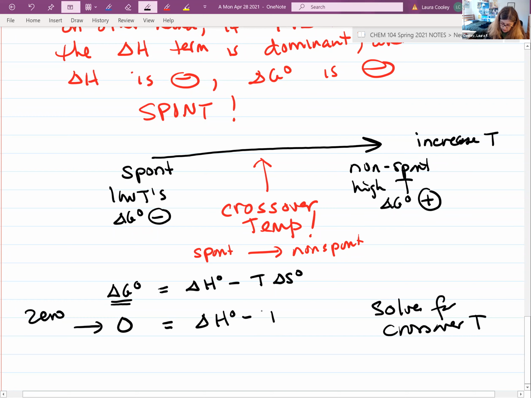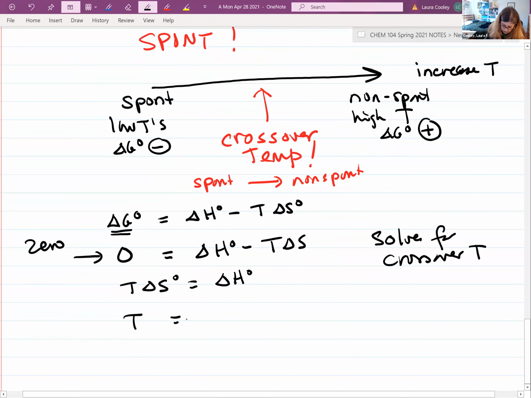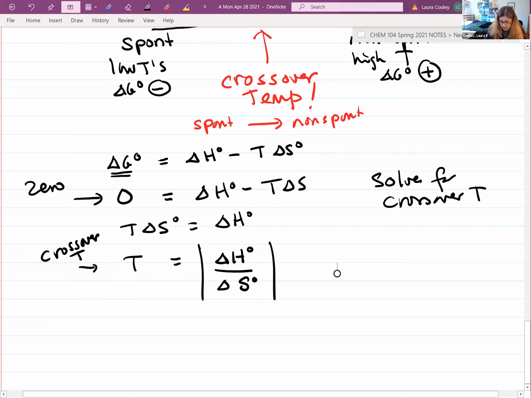So that's what we'll do. And then I'll just move the T delta S to the other side, and I can solve for the temperature. This is the crossover temperature. So it's actually the delta H divided by the delta S. Well, they're either both positive or both negative, so it doesn't much matter.